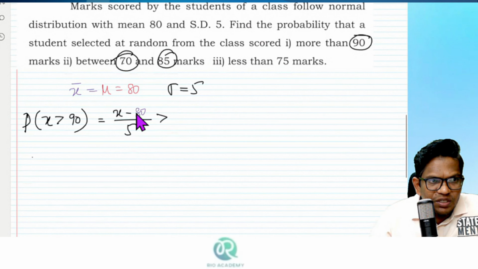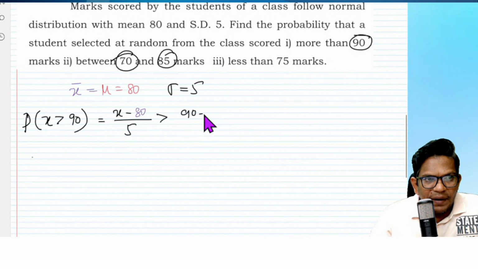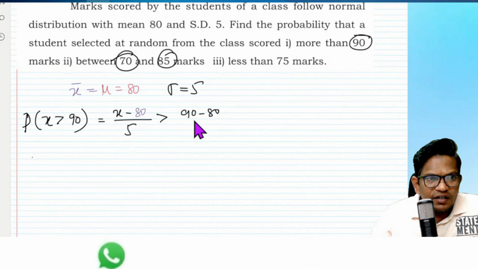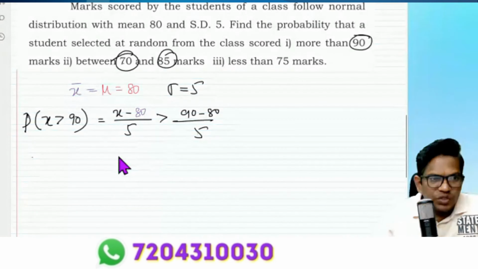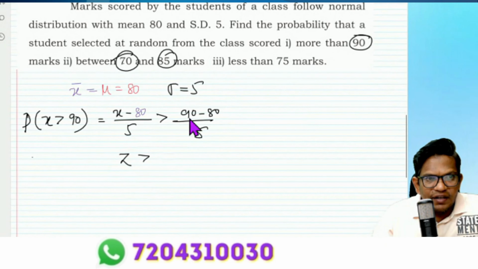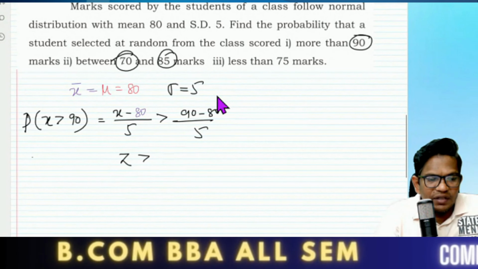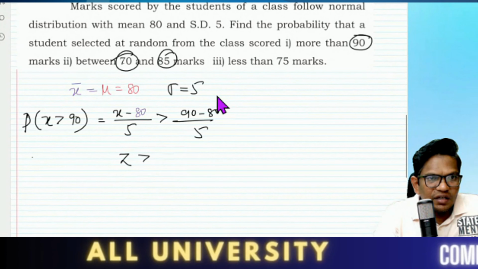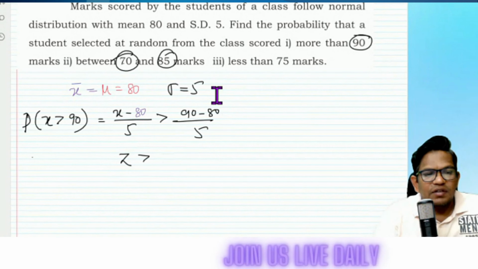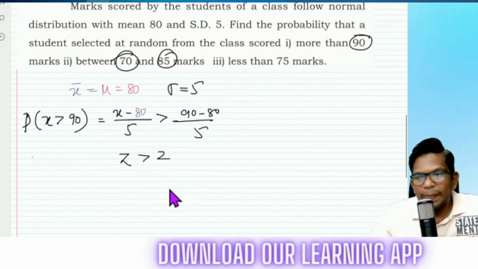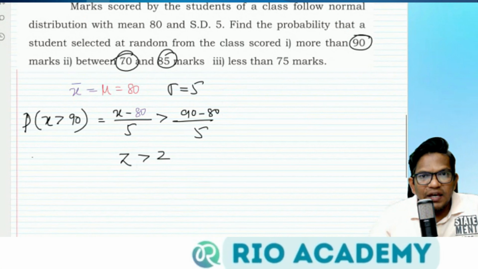So similarly, 90 minus 80 divided by 5. So this will be Z greater than (90 minus 80) divided by 5. That comes to 2. Correct? Yes or no?